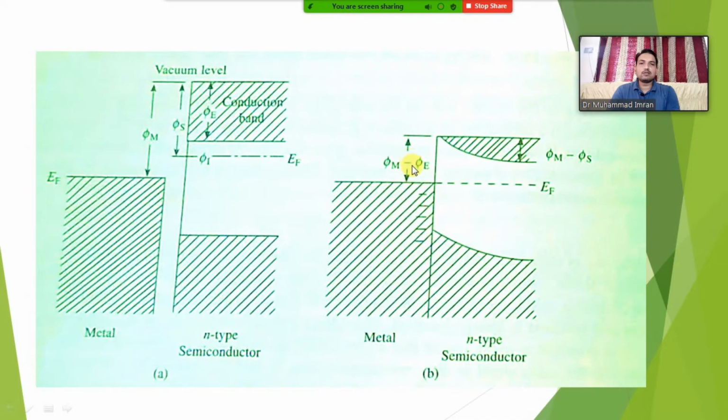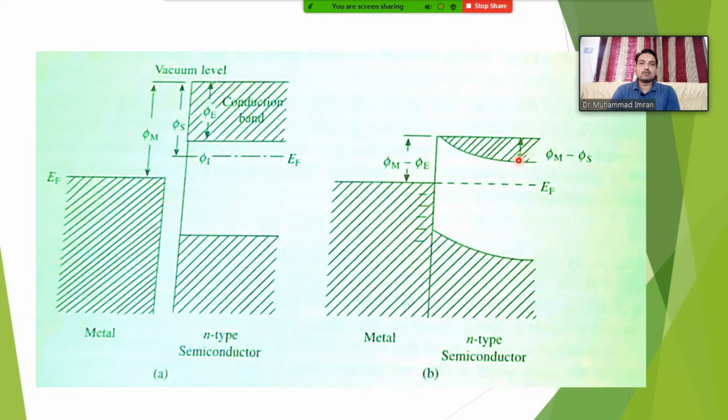So the barrier seen from the metal side is phi m minus phi e, and seen from the semiconductor side the barrier is phi m minus phi s.